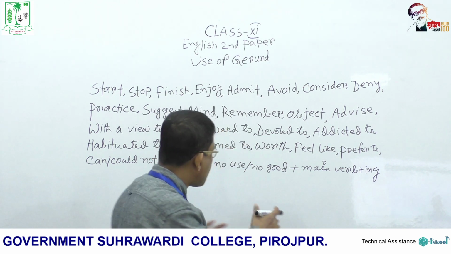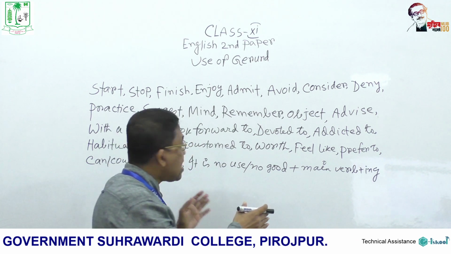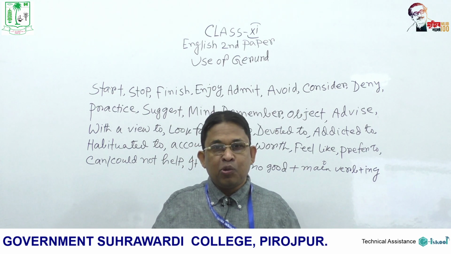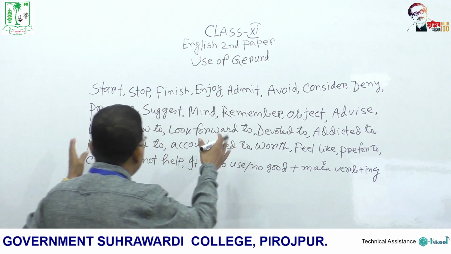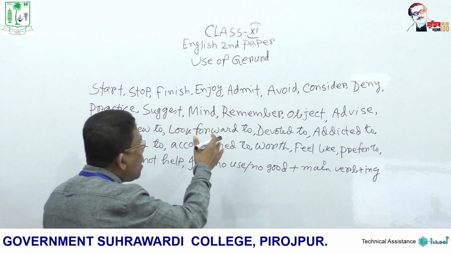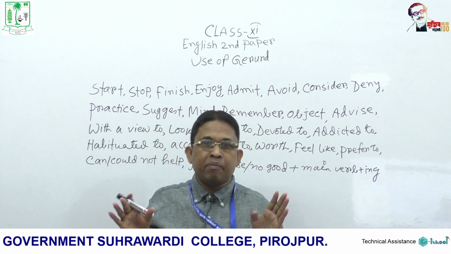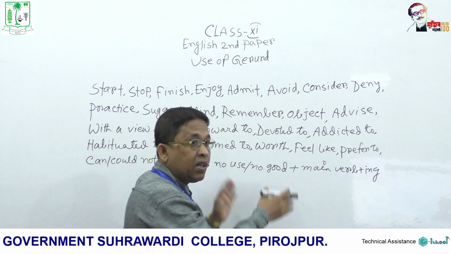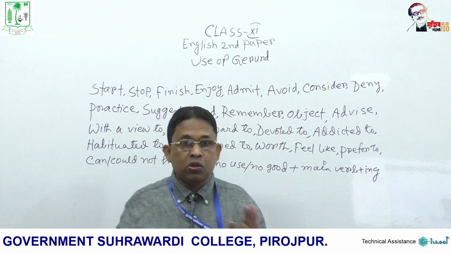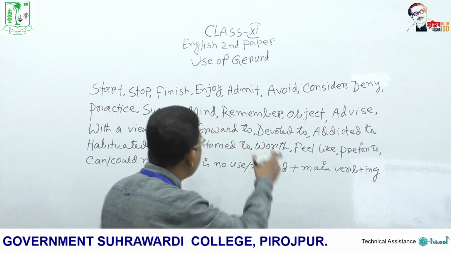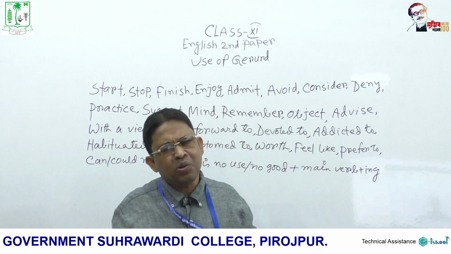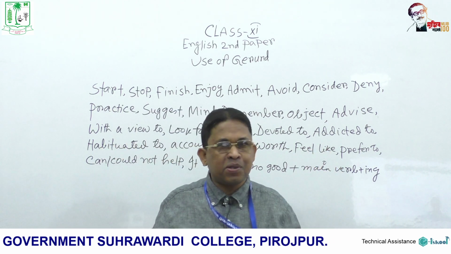There are some verbs and phrases after which we have to use gerund always. I have written some verbs and phrases here. There are many other verbs and phrases like this, and these are always followed by gerund. That is, after these verbs and phrases, we have to use gerund all the time.